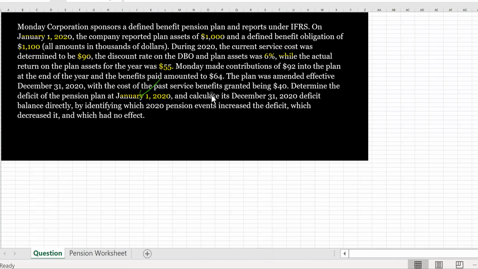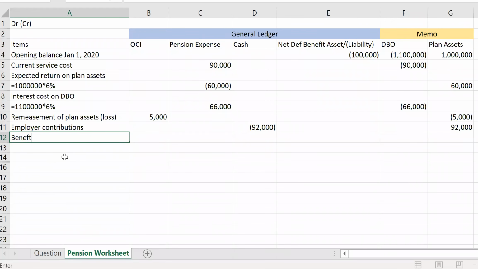And the benefits paid out under the plan. So the 92, sorry, and the benefits paid out were 64,000. So benefits paid. Now, this is not going to decrease the cash of the corporation because the benefits are paid from the plan. The employer contributes cash into the plan, and then the plan pays out the benefits.